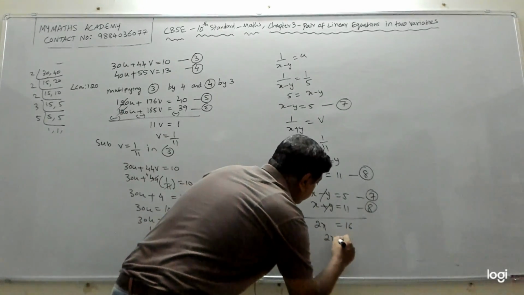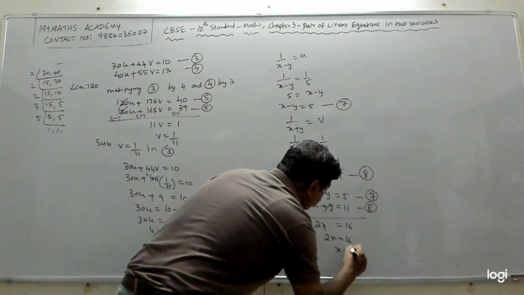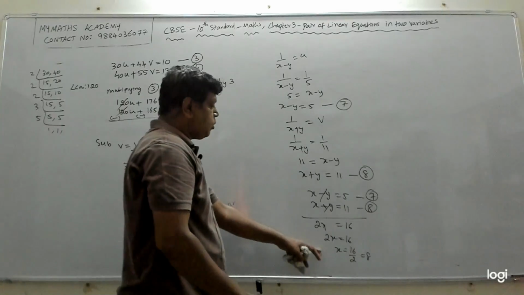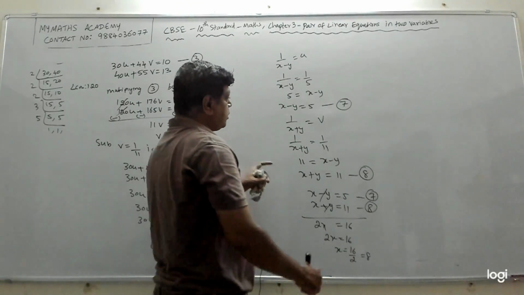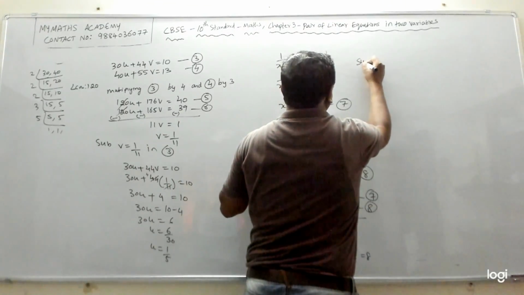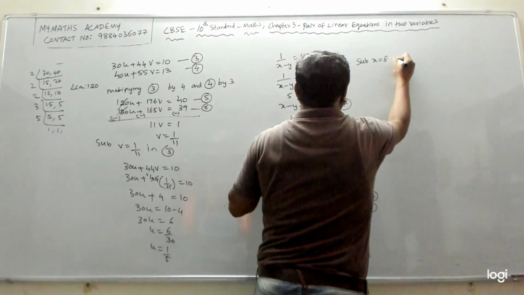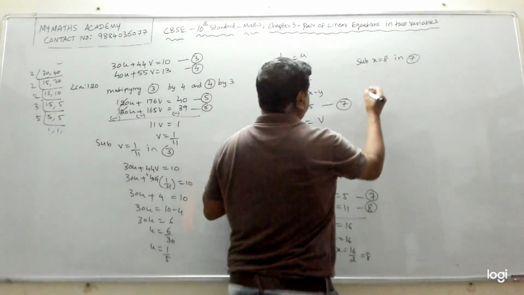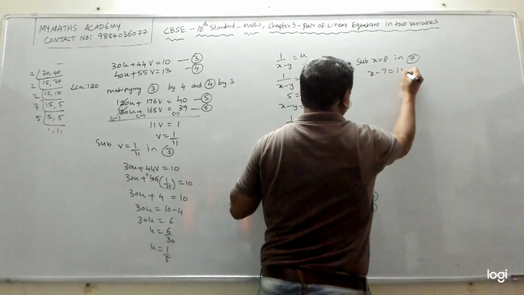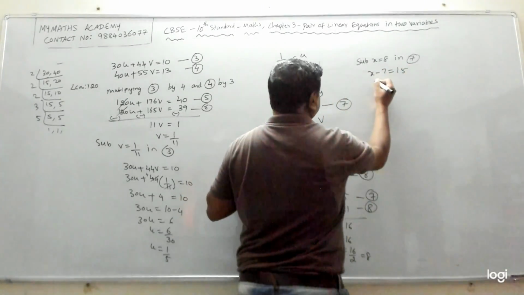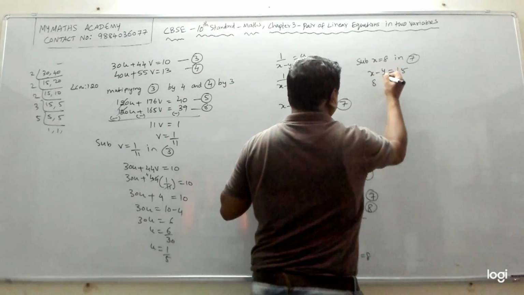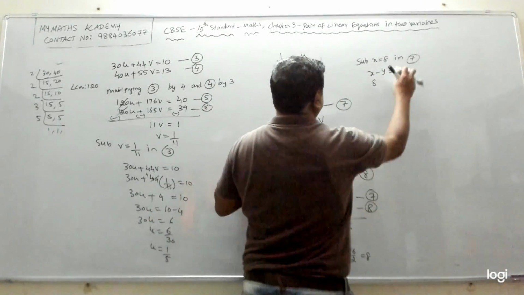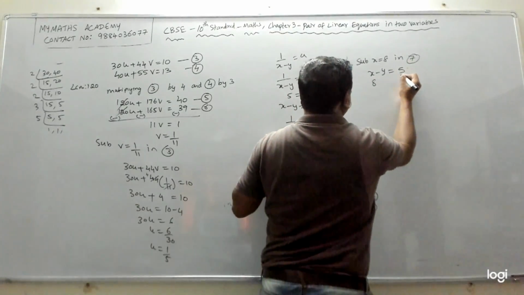Now 2x is equal to 16. You will get x is equal to 16 by 2, which is 8. Here x is 8. Now substitute x is equal to 8 in one of the equations. We'll substitute x is equal to 8 in the 7th equation. The 7th equation, x plus y is 5.